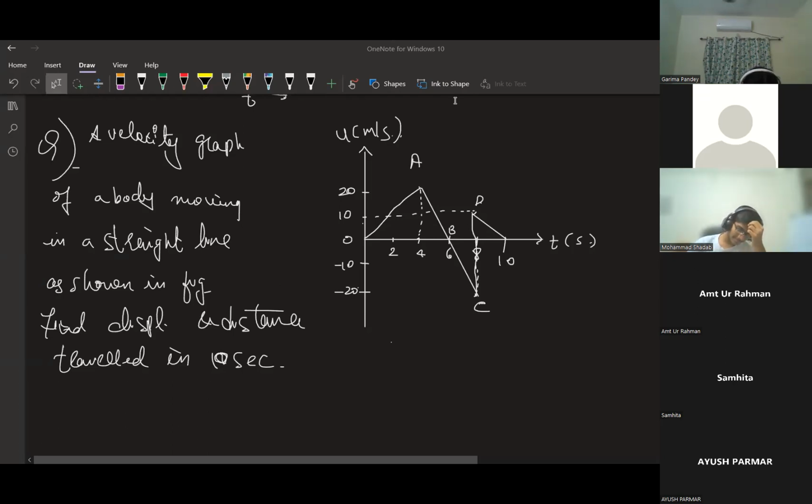Arey yaar, not 160 then 260. Hey, what is this? Shadab, what happened? One sec. See, I'll give you one hint now. I got so many wrong answers. Not so many, every wrong answer.